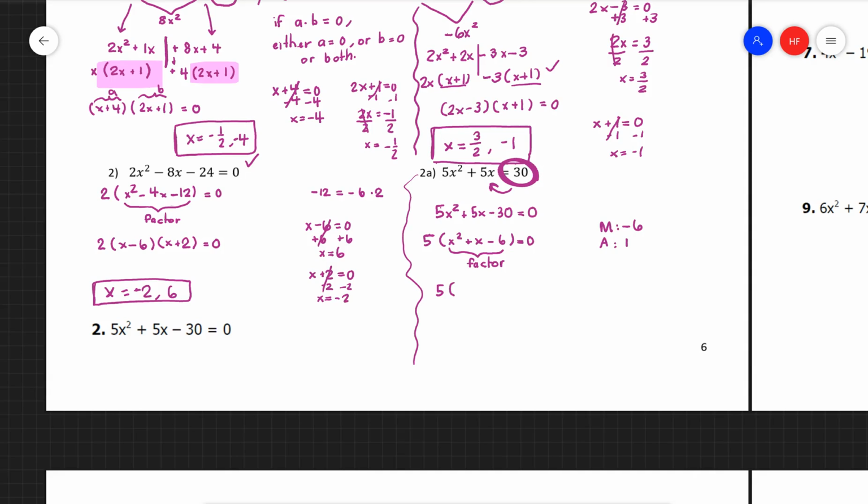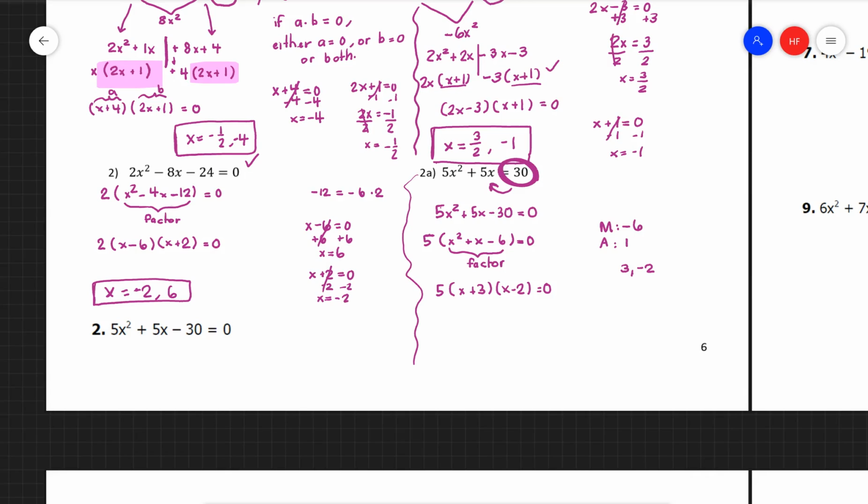It's going to be the opposite of what we just did. So x plus 3, x minus 2 as my factors.